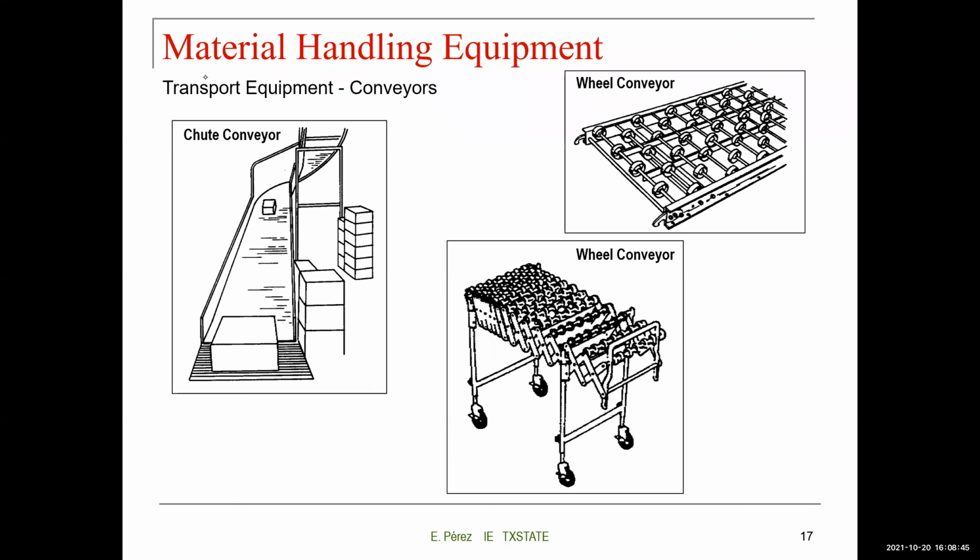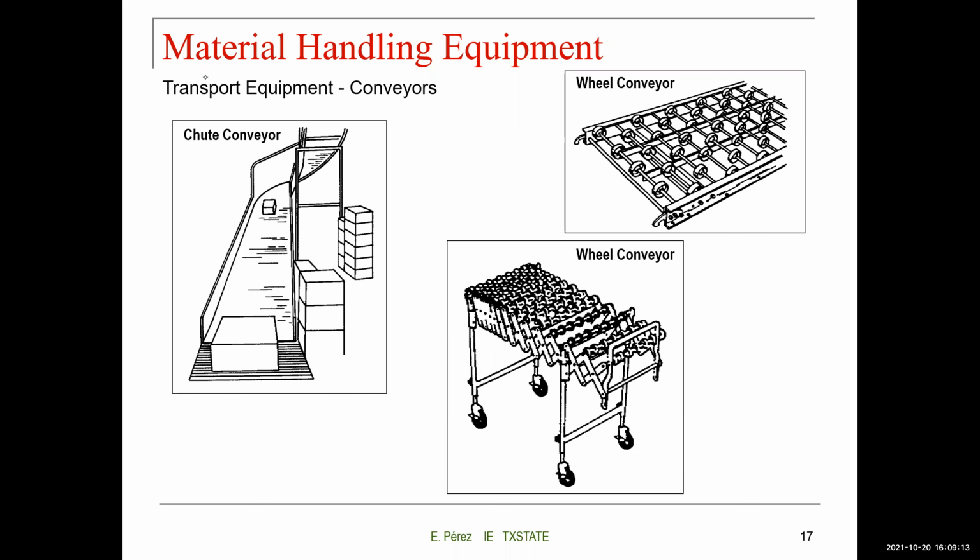As you can see here, I've seen this frequently. If at some point you volunteer in these food banks, they have some of these wheel conveyors to move their produce and boxes when they distribute to communities, and when they receive the items at the facility.